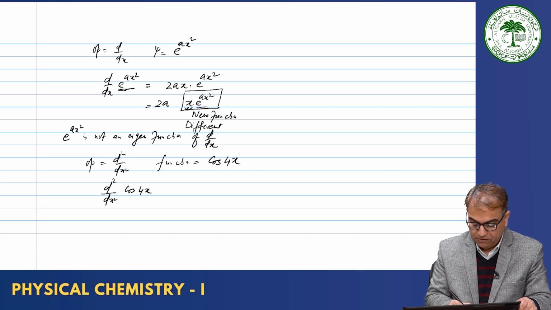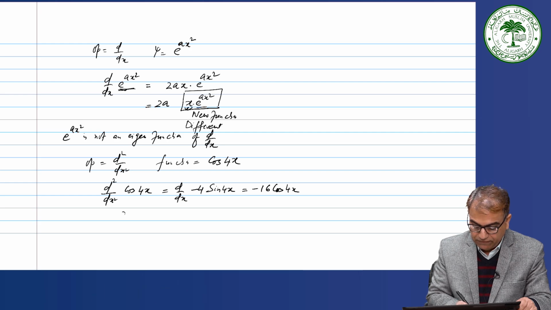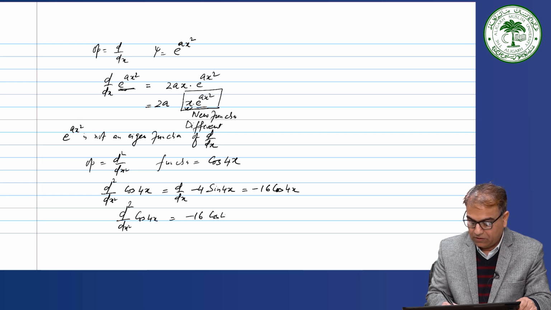What do you get? You get d dx, and one time operation means minus 4 sin 4x, and again you operate with this one, it will be minus 16 cos 4x. So, if you double differentiate cos 4x, what you get is minus 16 cos 4x.